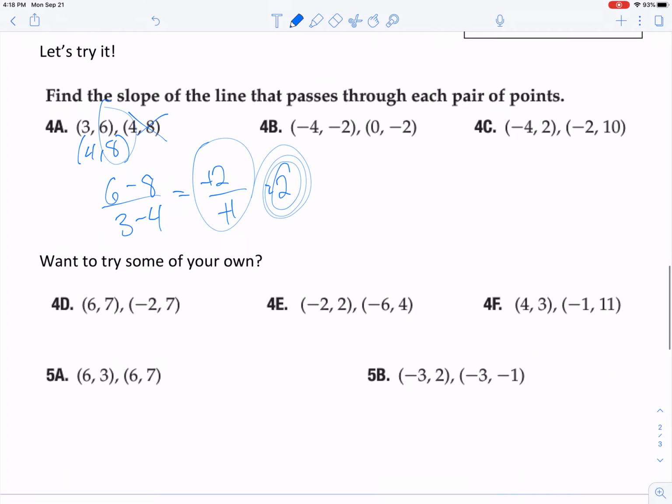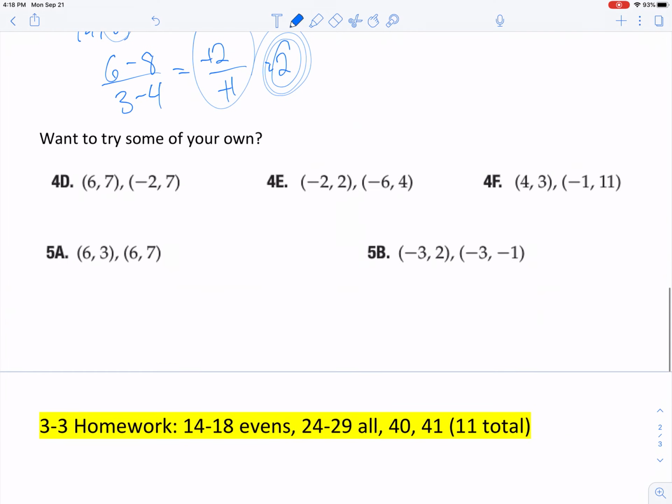Now you are going to get some weird examples. Let's try 5a. 6, 7. So in this case, I'm going to have 3 minus 7 and 6 minus 6. So 3 minus 7 is negative 4. And 6 minus 6 is 0. Now, if I try plugging that into my calculator, your calculator is going to give you an error. It might say divide by 0 error, domain error, something.